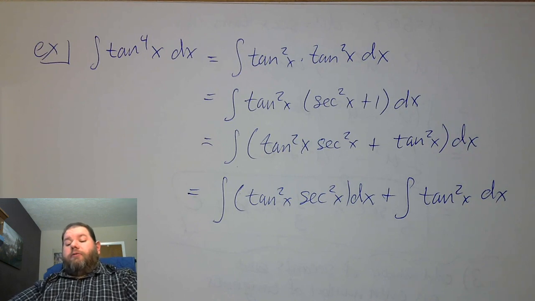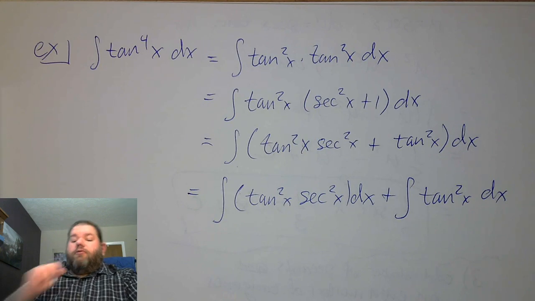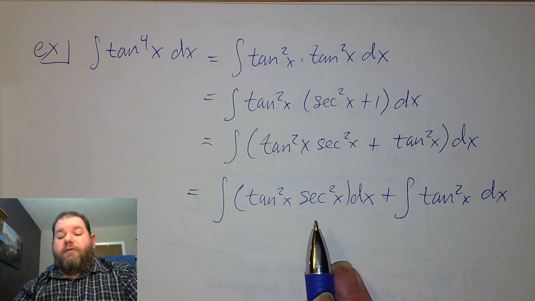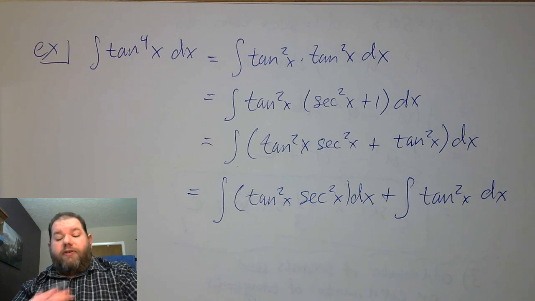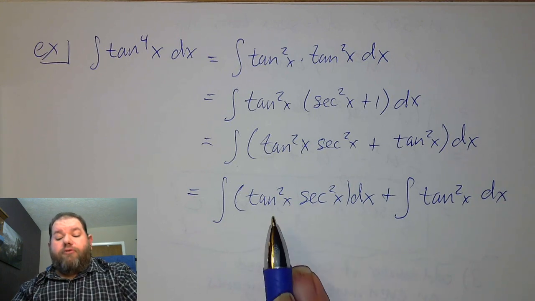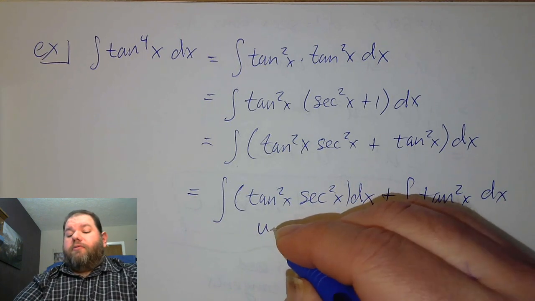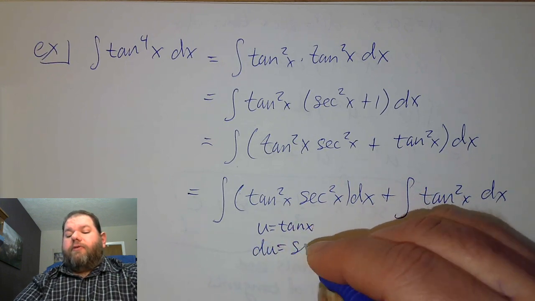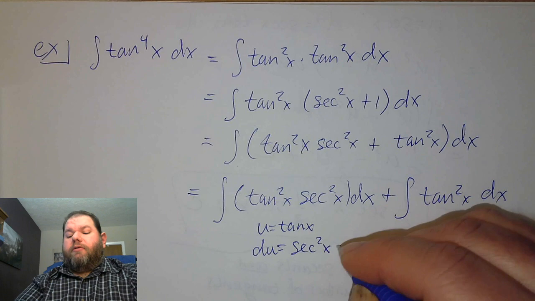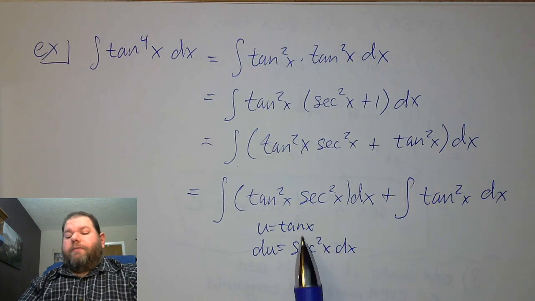Oh, this one kind of works out. This one works out nice because now we have an even number of secants. Actually, this is just a straight u substitution because we know secant squared is the derivative of tangent. We just let u equals tangent x, and du equals secant squared x. Yeah, that's just the derivative right there. So that's du, and then here's u squared.